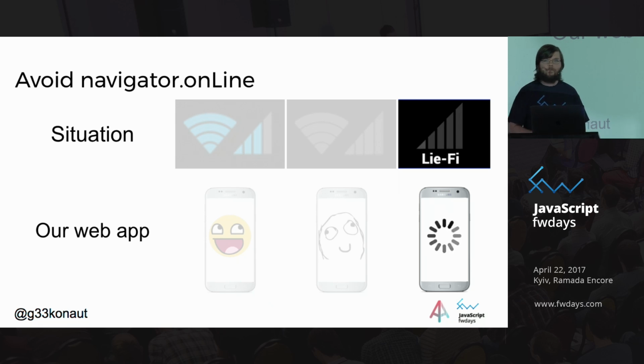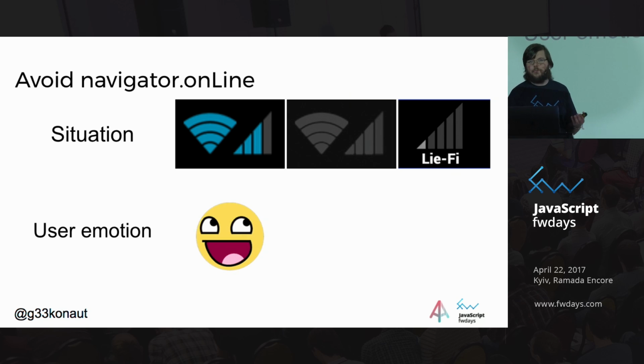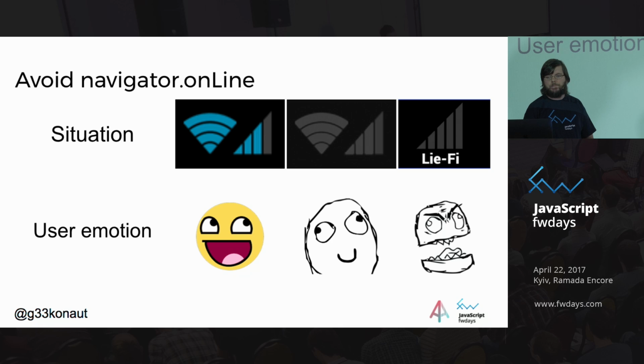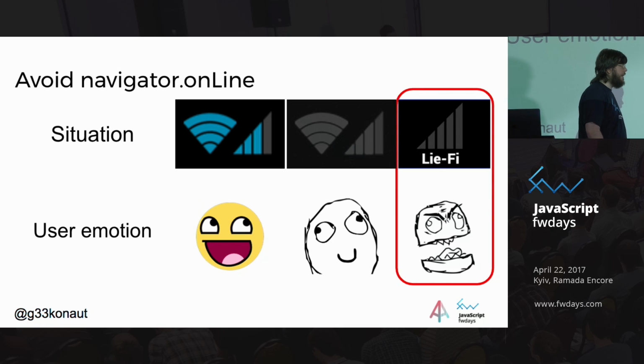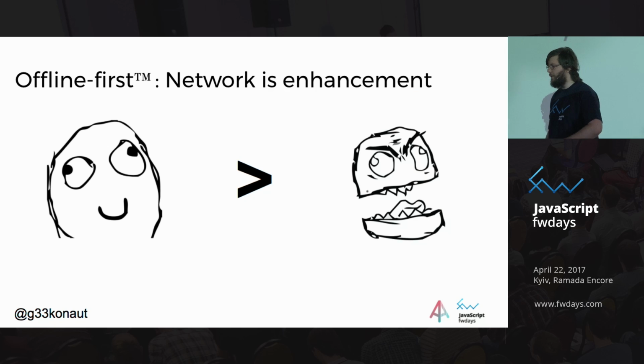And the problem really is how the users react to this. The user emotion to an online web app that works and everything is fine is okay, great. If it's offline, you're like, all right, bye, I'll go to the pub then. But this is bad, so you want to avoid that. That's why you want to do offline first. Always do offline first.